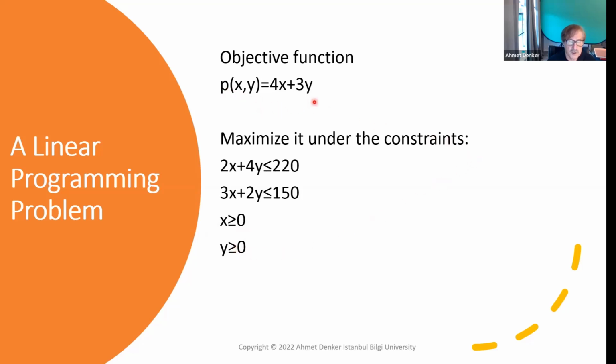The objective function is a linear function, and the constraints are expressed as less than or equal to. Now, what happens if I did not have these rules? What happens, for instance, if the objective function was not a positive linear function, or if one of the inequalities was larger than a certain number?